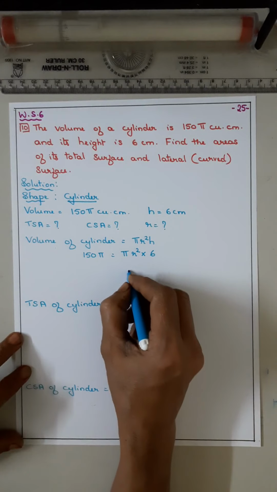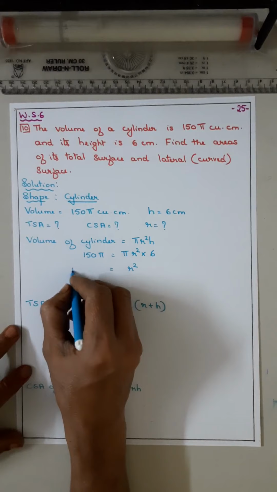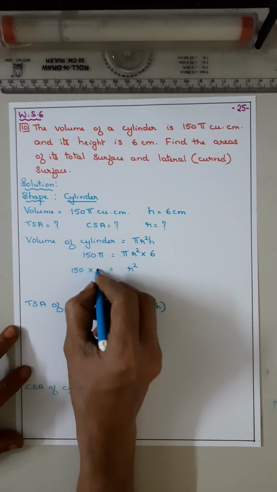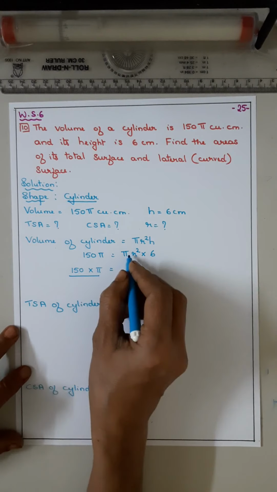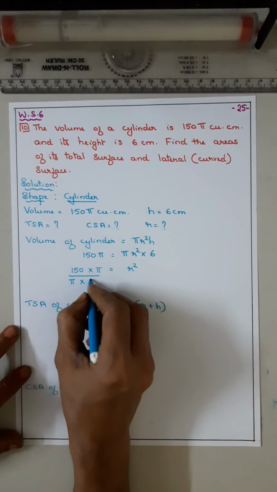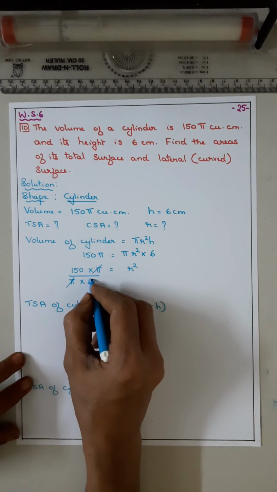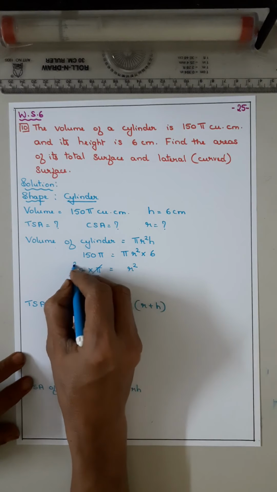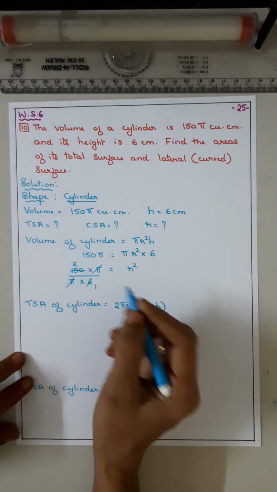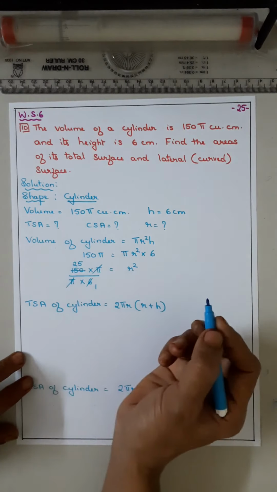Now r squared is equal to 150 into pi, upon this pi goes to the denominator, into 6. Pi and pi gets cancelled. So 6 ones are 6, 6 twos are 12. 3 remains. 3 zeros are 30. 6 fives are 30.